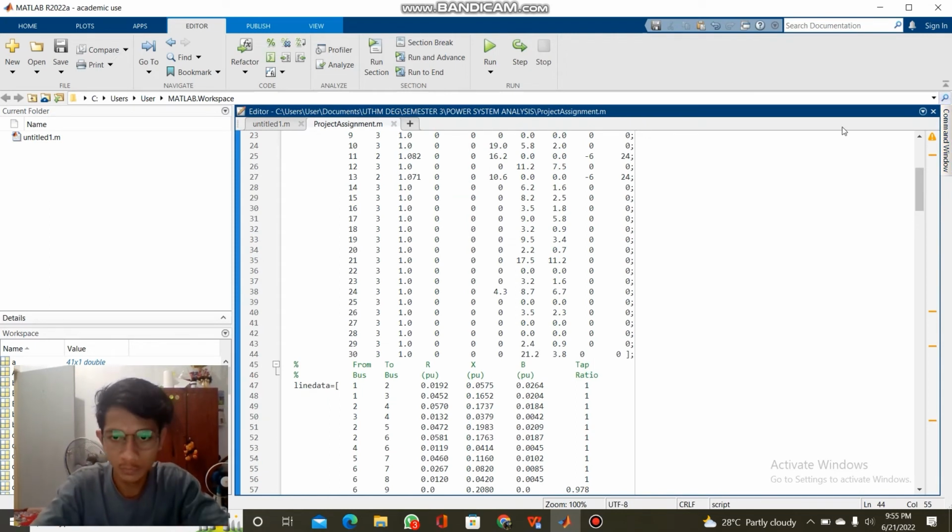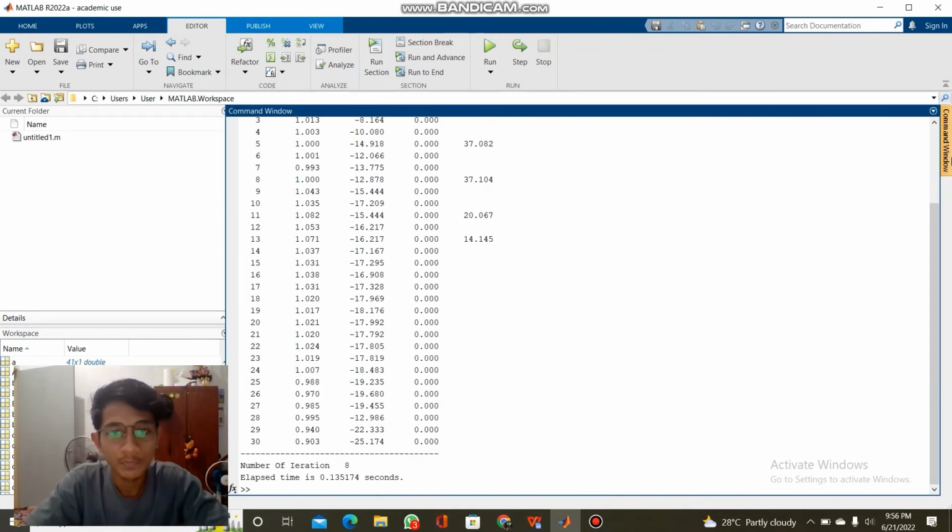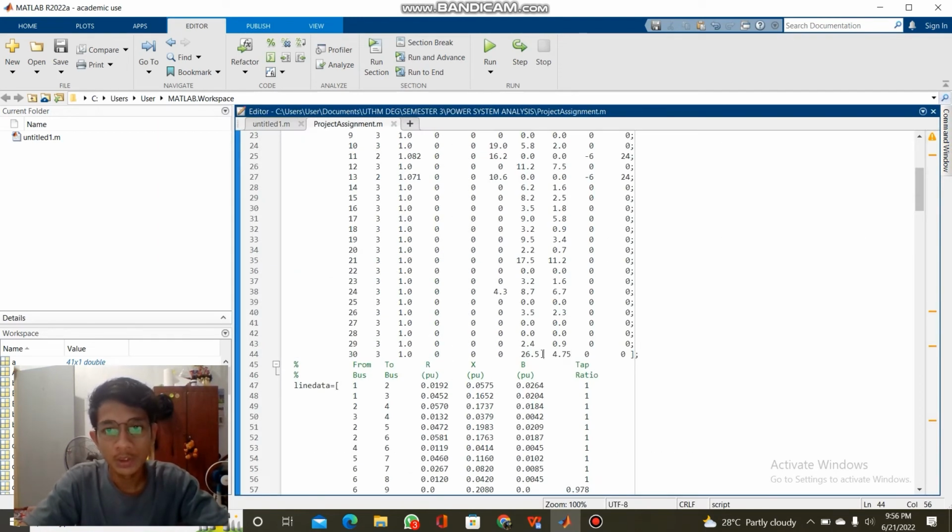After that, up 10% again and run. Here is the voltage in pu, so it also decreases more. After that, we will increase 10% until the system collapses.